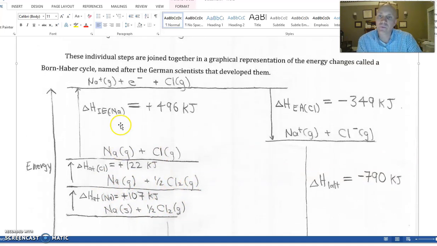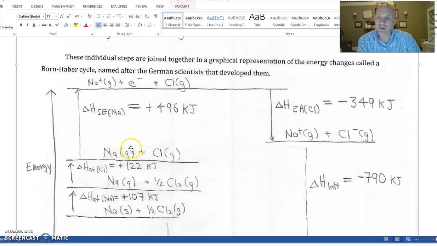So what we're doing here is taking sodium and turning it into Na plus, plus the electron that gets given off, but we're just going to bring this chlorine gas along. So the only energy in going from here to here is the energy required from going from this to this right here. That's the ionization energy of sodium, and that would be this value right here.